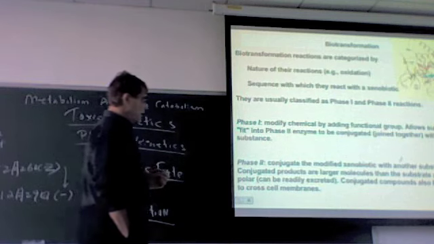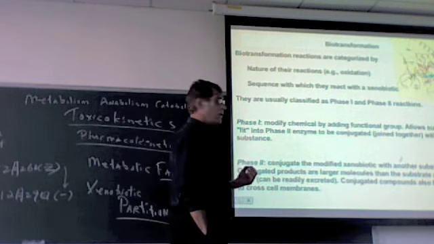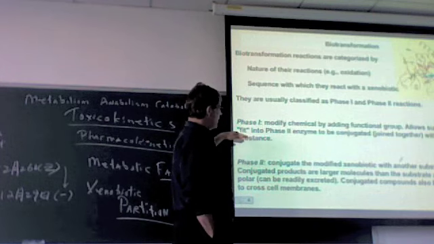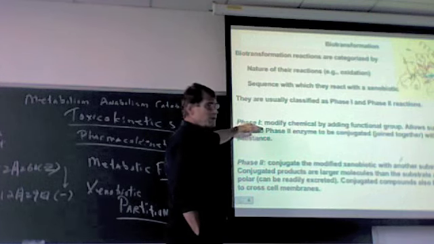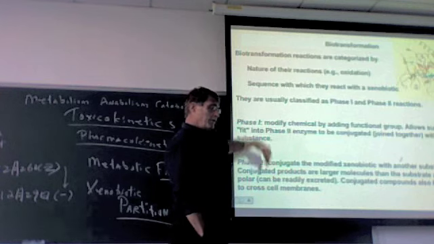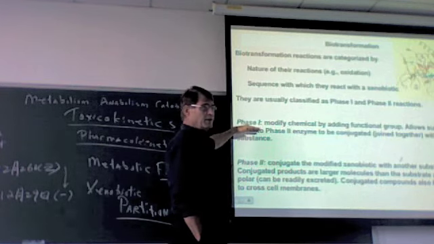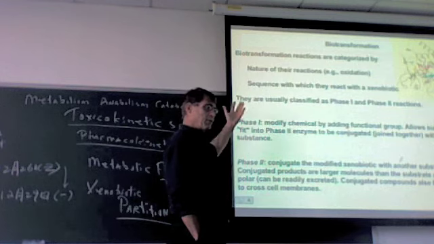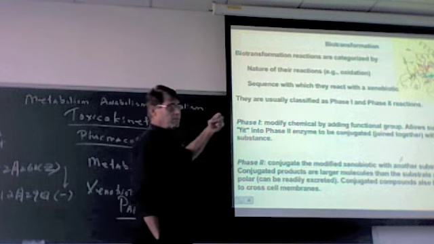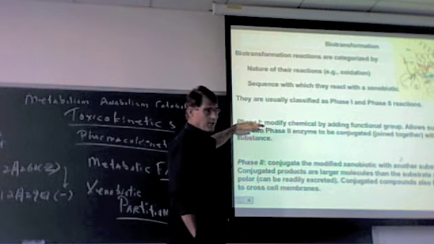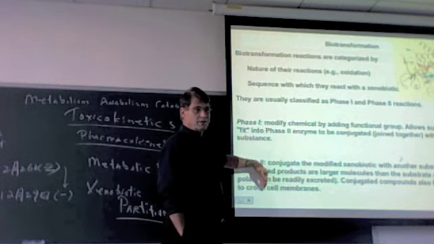So generally, we're adding some polar group to the chemical as part of phase 1 enzymes. And then the phase 1 enzymes feed into the phase 2 enzymes. After this system is finished making the chemical more polar, as we just saw, adding oxygen, the chemical will then go to phase 2 in some cases.